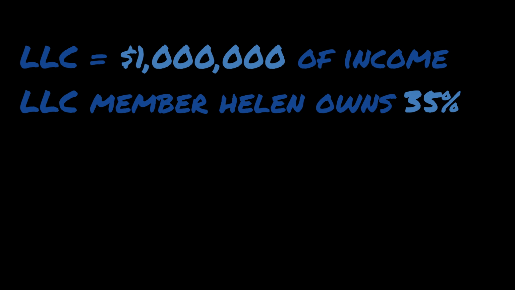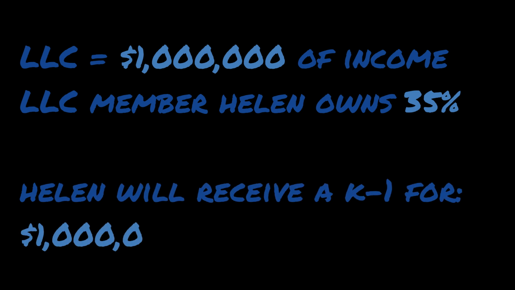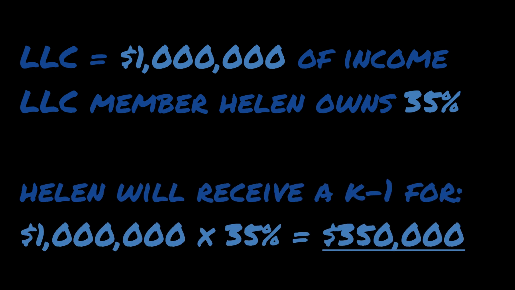Helen will receive a K1 for $1 million times her 35% ownership, effectively providing her a K1 with $350,000 of taxable income. Now, it's not always as clean as that. There's a lot of categories if you've ever looked at a K1, but for simplistic measures, if it's just business income, Helen has $350,000 of K1 income from her LLC.